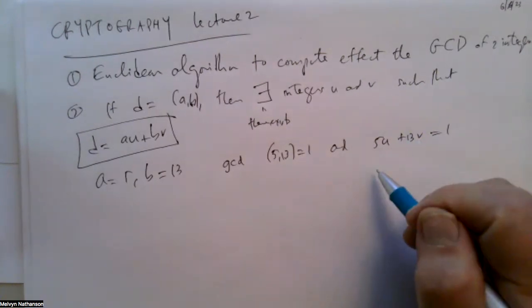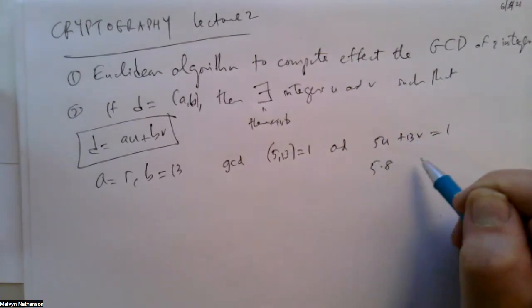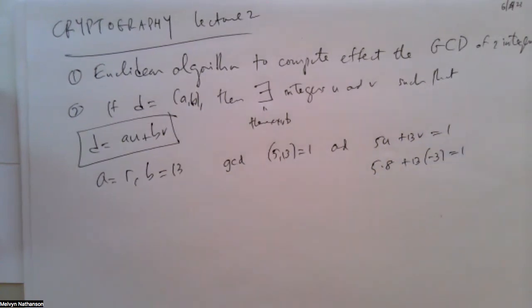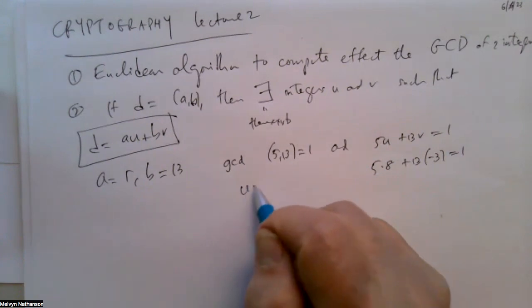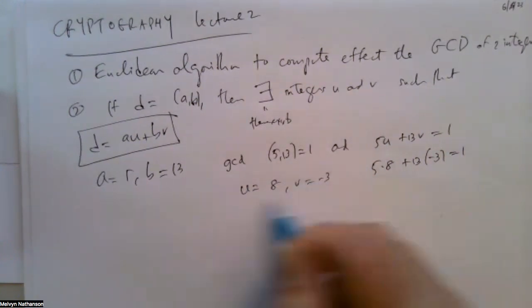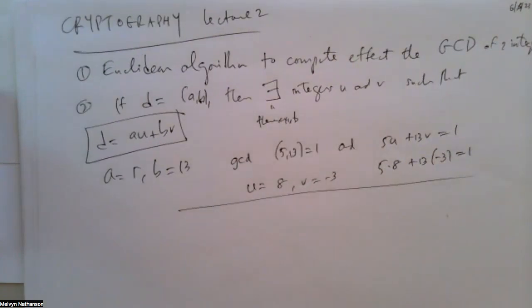For example, 5 times 8 and 13 times minus 3 is equal to 1. So you could take u equal to 8 and v equal to minus 3. So this is an extremely important fact, theoretically and practically, in cryptography. Okay. Any questions about what we did yesterday?